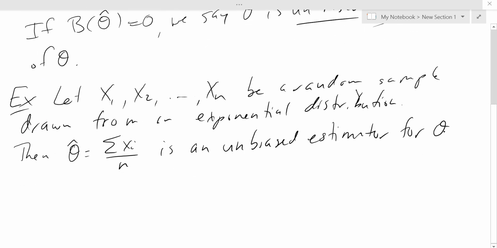The reason we know this, of course, is that the expected value of theta hat, in this case, would be the expected value of the sum of the x's over n.